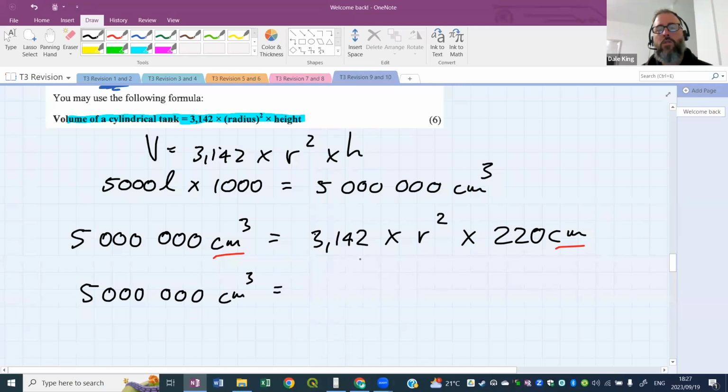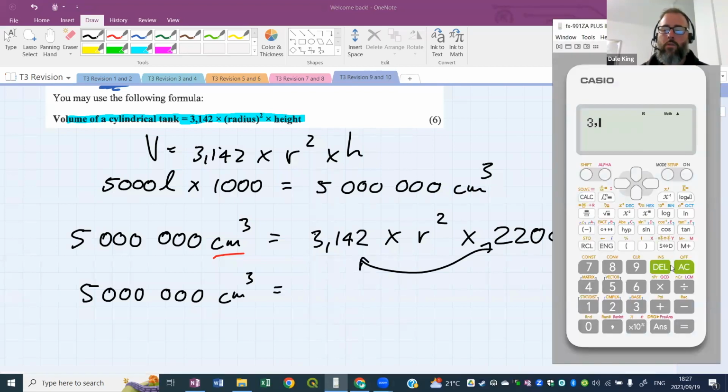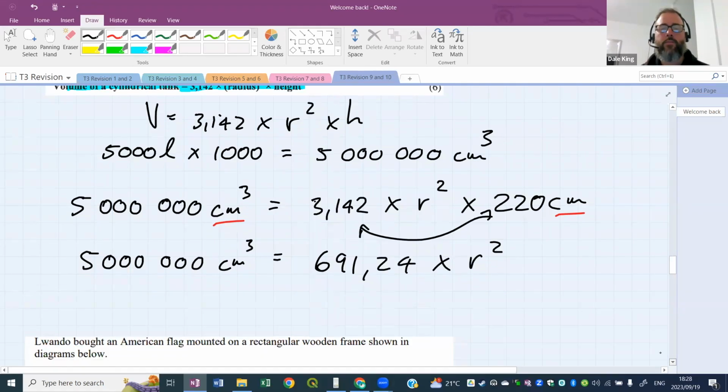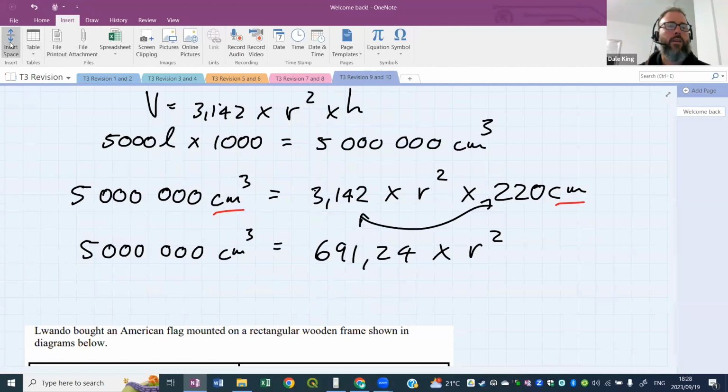He's saying put these two numbers together, multiply them together. So that's what we're going to do. You're going to say 3,142 times 220, and that gives us 691,240, but we still have the times R squared. All right, Ben? Yes. Now what?